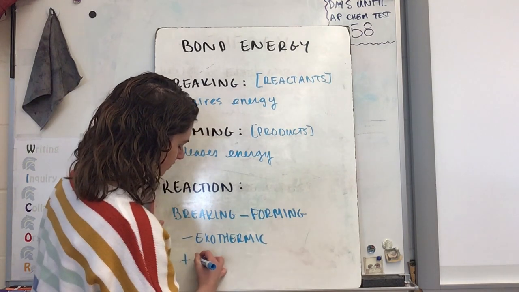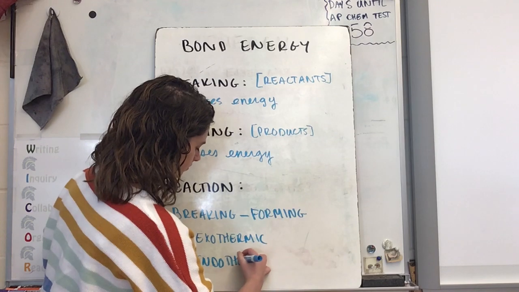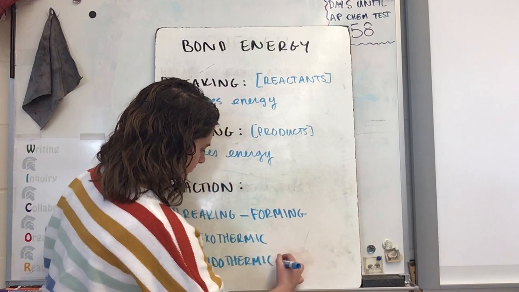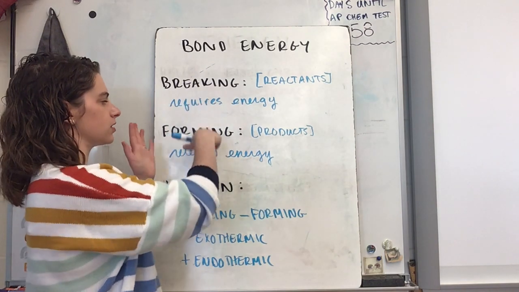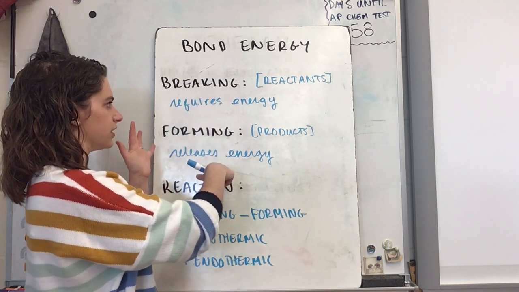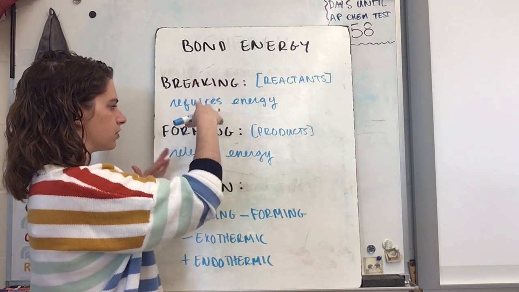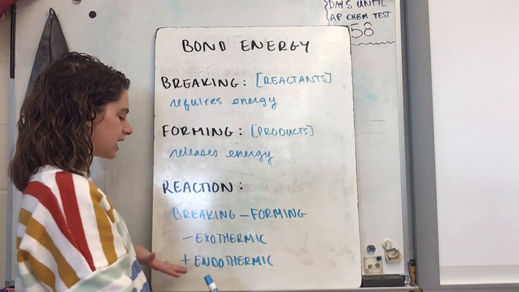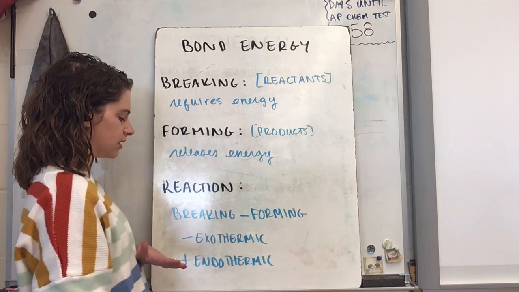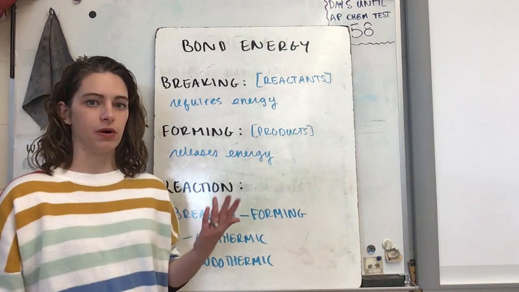If it's positive, it's going to be endothermic. So these symbols are also going to come into play when we're talking about just separately whether these are breaking or forming, releasing or requiring energy. So when it all comes together, if it's overall negative, that means energy is coming out. If it's overall positive, that means energy is going in.